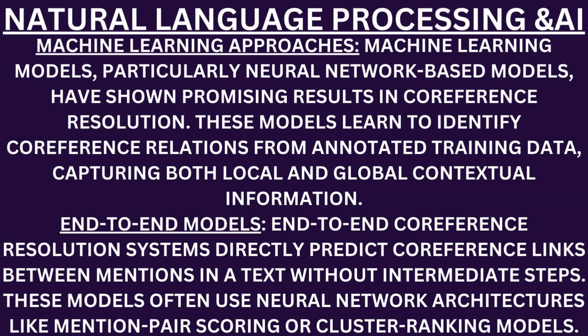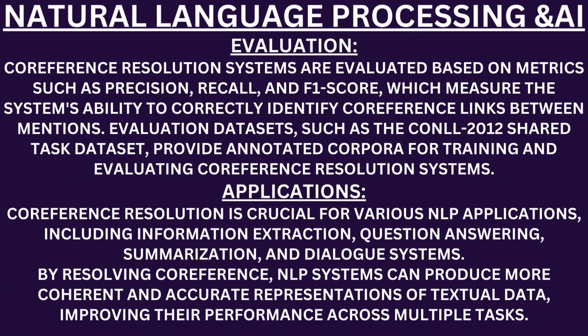End-to-end models. End-to-end co-reference resolution systems directly predict co-reference links between mentions in a text without intermediate steps. These models often use neural network architectures like mention pair scoring or cluster ranking models. Evaluation.